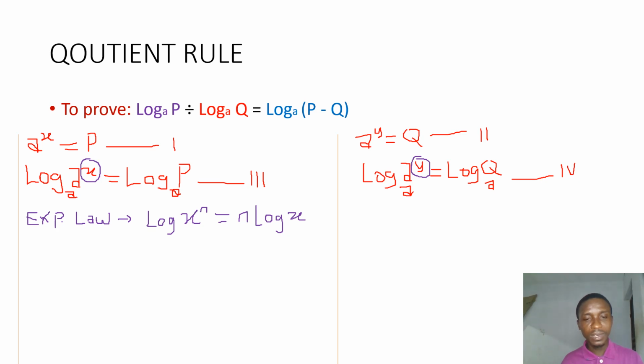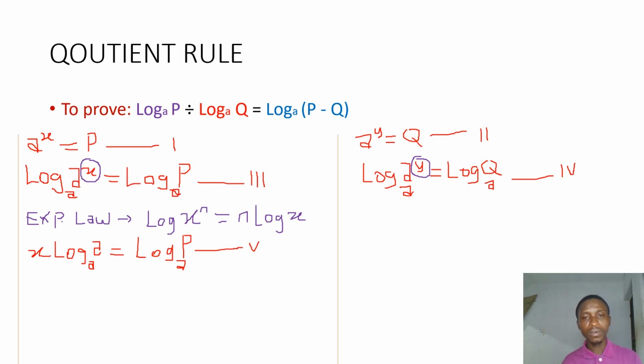So now let's continue from equation 3. So we are applying the exponential law now, and equation 3 will now turn to x log a base a equal to log p base a. Then let's call this equation 5.